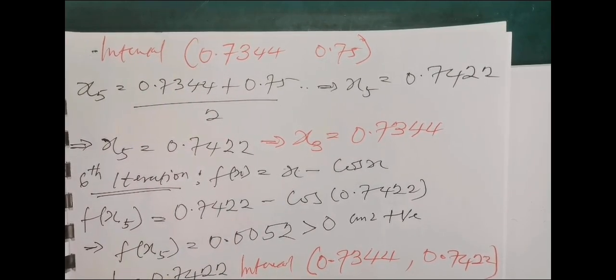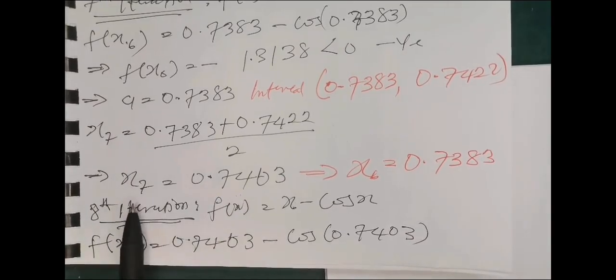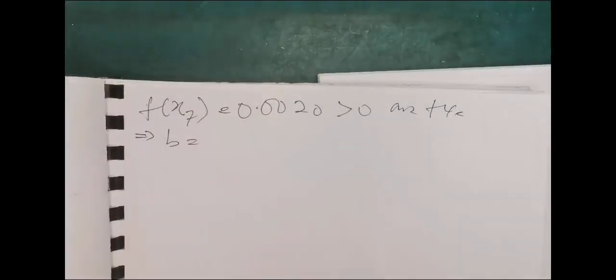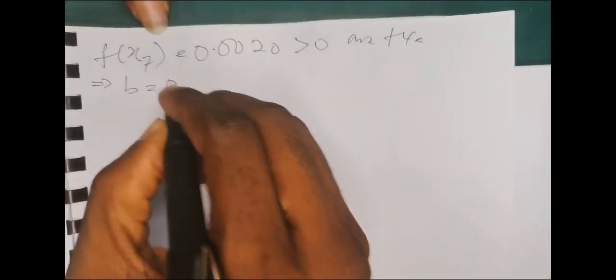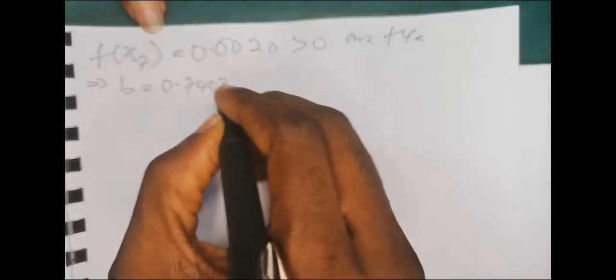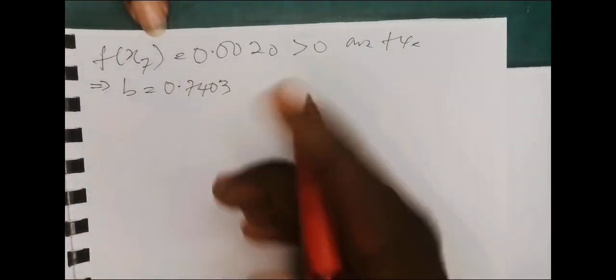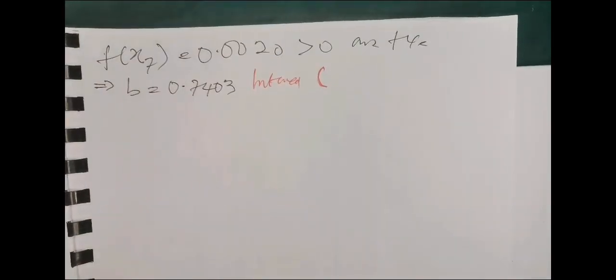is simply 0.7403. Okay, let's pull it up. And we had s7 over here to be 0.7403, so we plug that in. So b becomes 0.7403. So our new interval now becomes, so which means b is changing but a is kept constant.